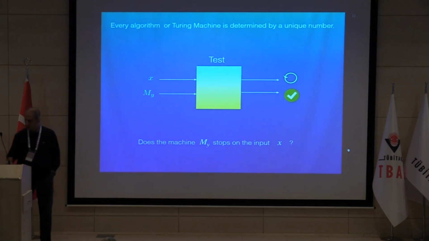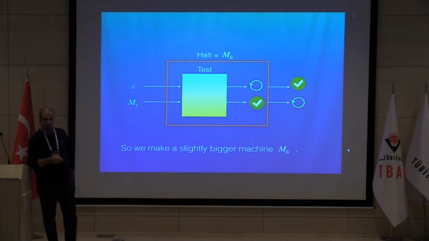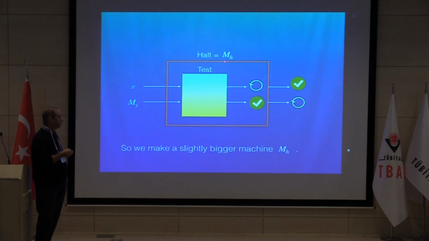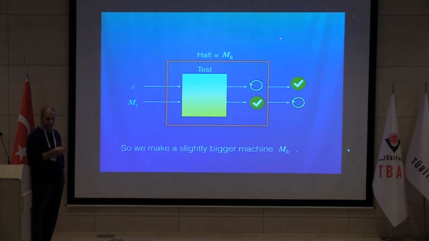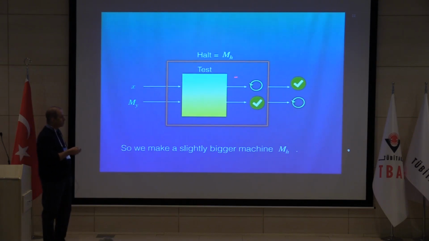The contradiction is this. You put this into a larger machine. In principle, you can. You define a larger machine, you call it M sub H, right? The definition of this machine is like this. It gets an x and a y, the same inputs as the test machine, and then if the test machine halts, the MH machine, the halt machine, loops.